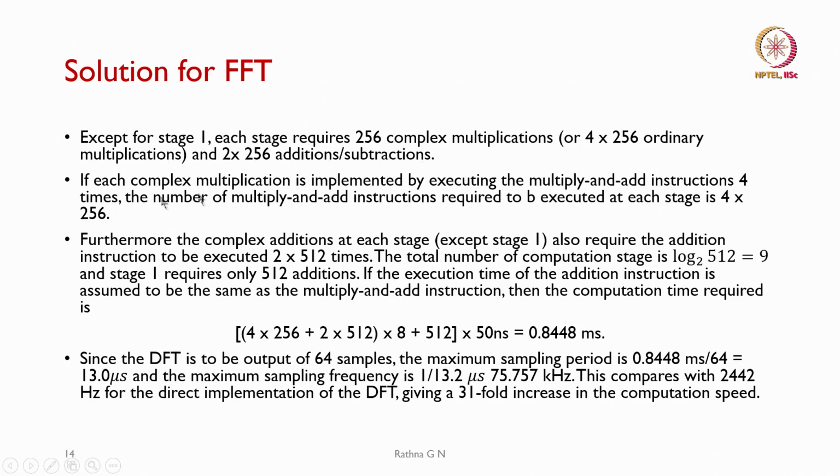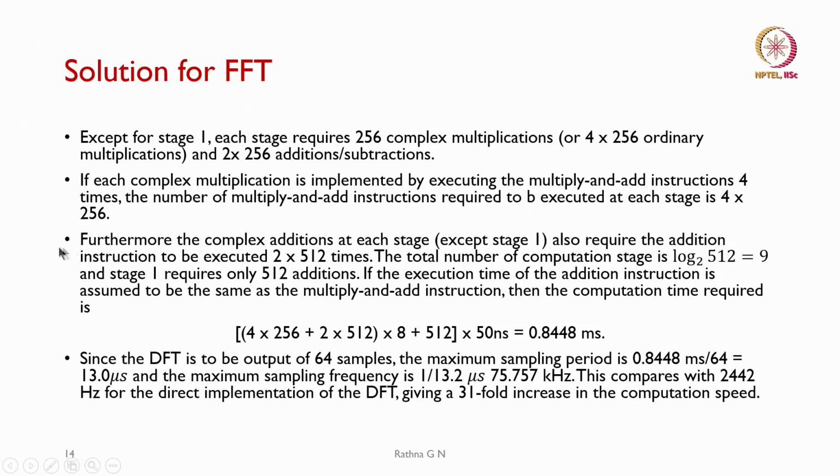Each complex addition takes 2 additions, which is the reason for 2 into 256 additions for the rest of the stages. If each complex multiplication is implemented by executing multiply and add instructions, the number of multiply and add instructions required at each stage is 4 into 256.